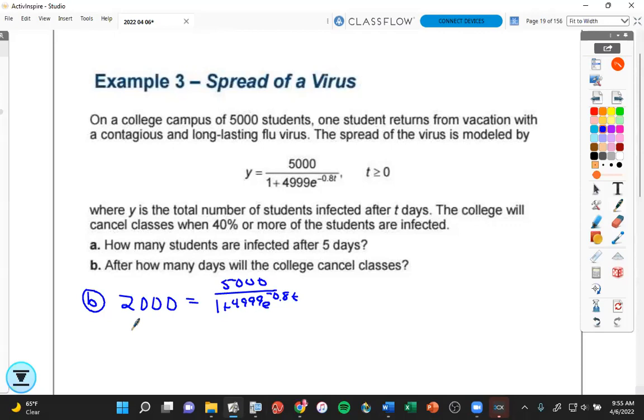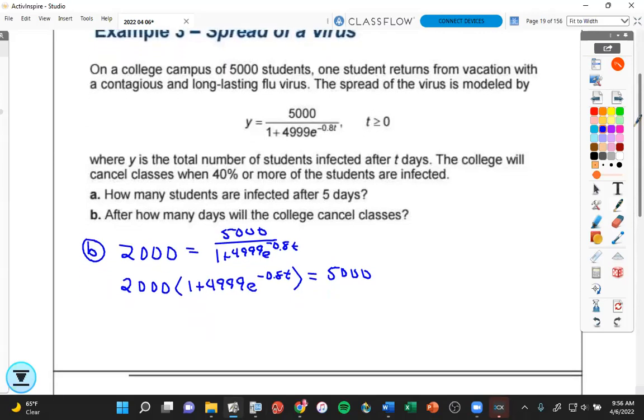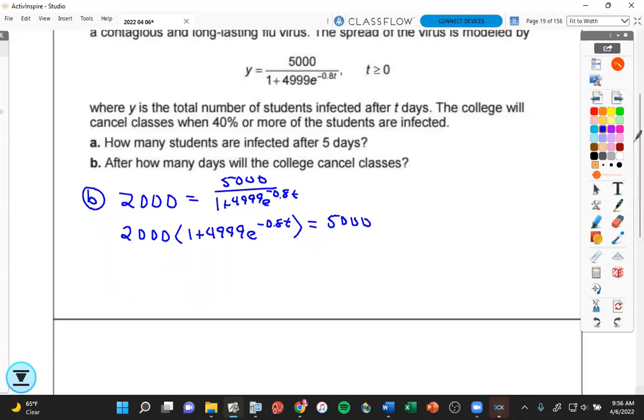Okay, multiply by that. So 2,000 times 1 plus 4,999 e to the negative 0.8 t equals 5,000. And then what? Okay, divide by 2,000 gives me 1 plus 4,999 e to the negative 0.8 t equals 2.5.